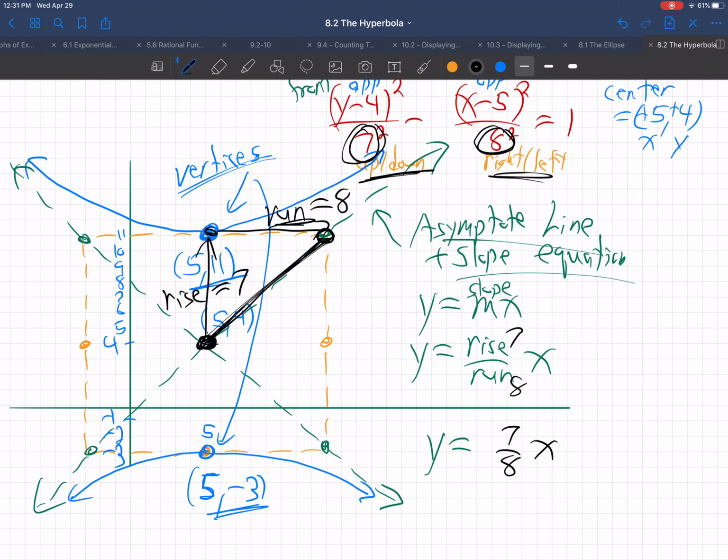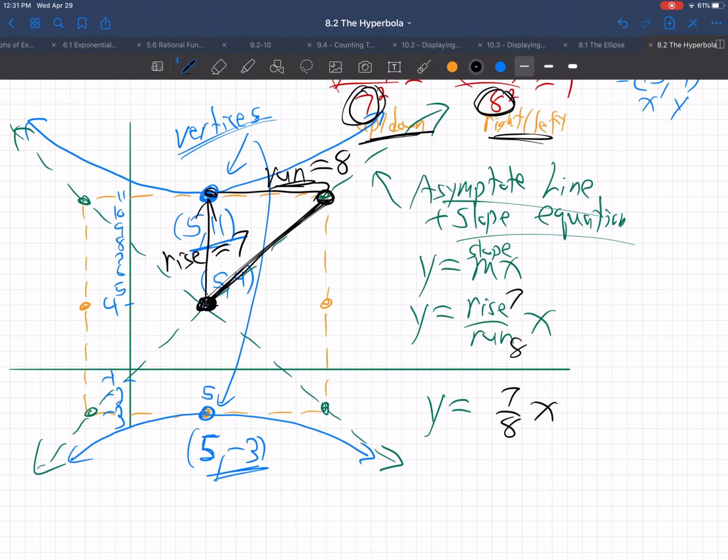Now, there's one more thing we need to do. That would be true if the hyperbola was centered here at the origin. It's not. The center has been moved to this new spot, (5, 4). So I've got to take this equation of the asymptote line and shift it to the new center at (5, 4).